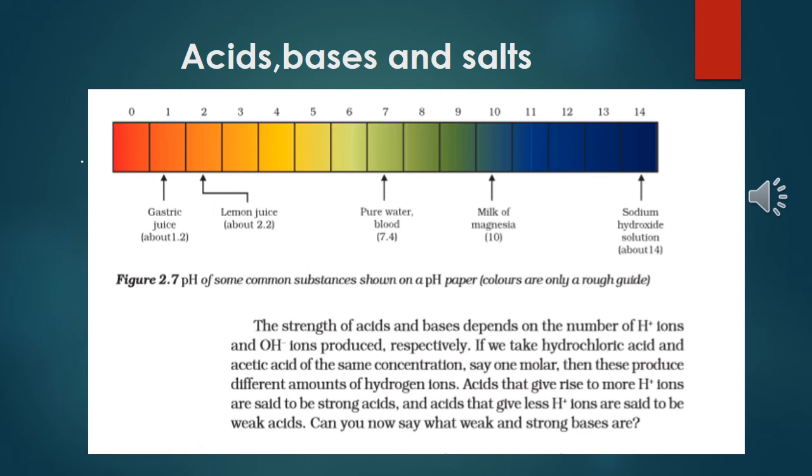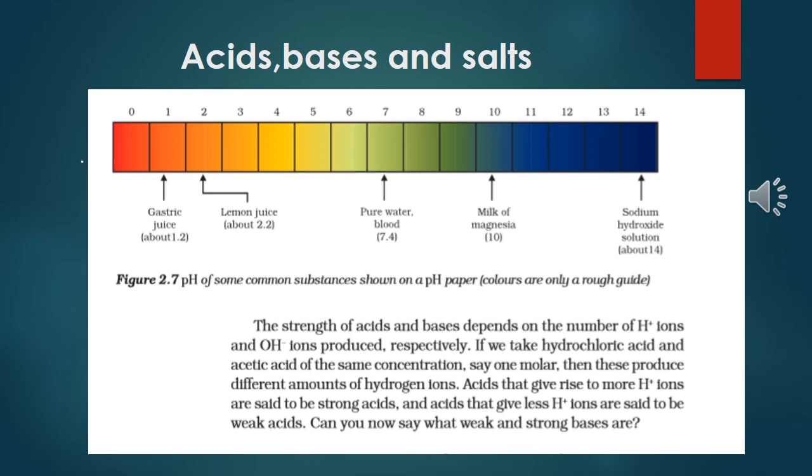The strength of an acid and base depends on the number of hydrogen ions and hydroxide ions produced. So if any acid produces more hydrogen ion, then it is stronger, and if any base produces more hydroxide ion, then it is stronger. If we take hydrochloric acid and acetic acid of the same concentration, say 1 molar, then they produce different amounts of hydrogen ions.